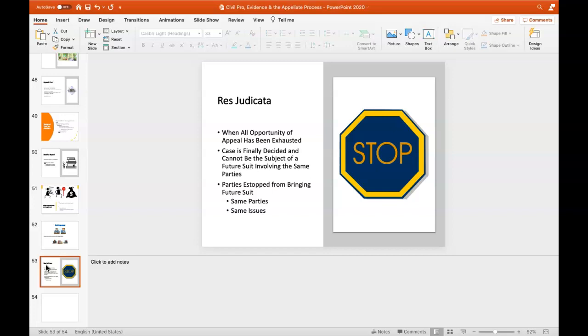And this collateral estoppel is very similar to the idea of res judicata. In both cases, the plaintiff is stopped from bringing that second lawsuit because the plaintiff could have asserted the additional facts or the additional legal theory in the first lawsuit.